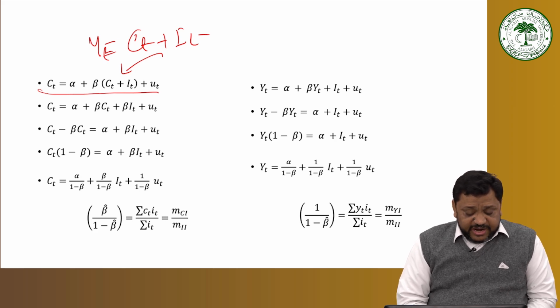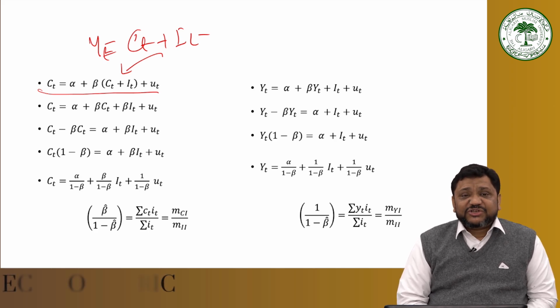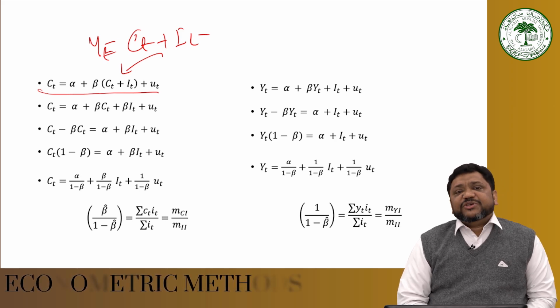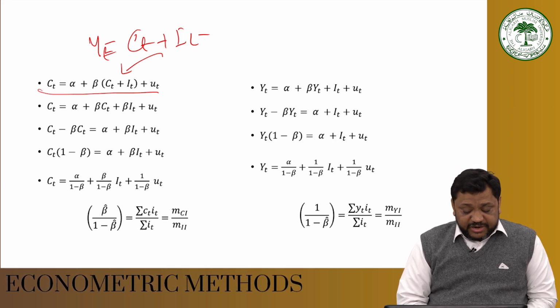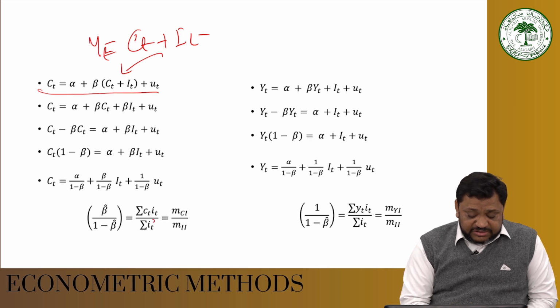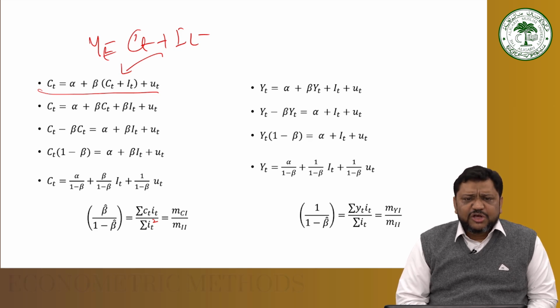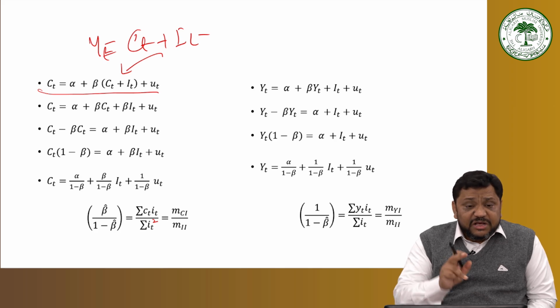Now beta divided by 1 minus beta, that is the coefficient of it in this reduced form model, is nothing but summation ci divided by summation i square. There is a correction in this term: it is written as summation ctit divided by it, but we are just reading it as summation ci divided by summation i square.